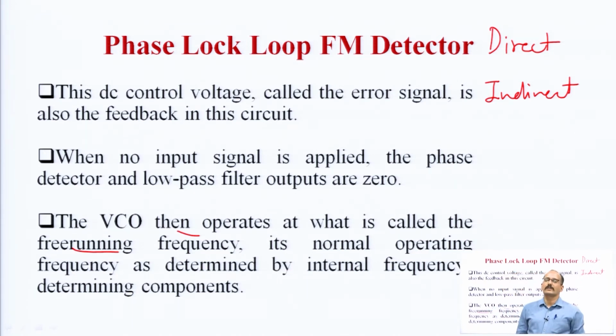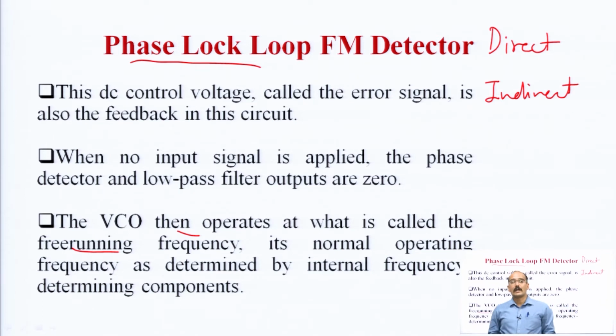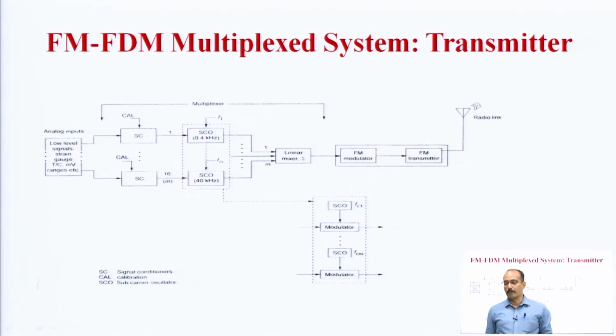When we talk about FM demodulation, we use the slope overload detector or zero crossing detector for direct demodulation of the FM signal. In the indirect method, we use this phase lock loop FM detector, and this is about the basic analog systems that are going to be used in telemetry systems. So, now coming towards the multiplex system.